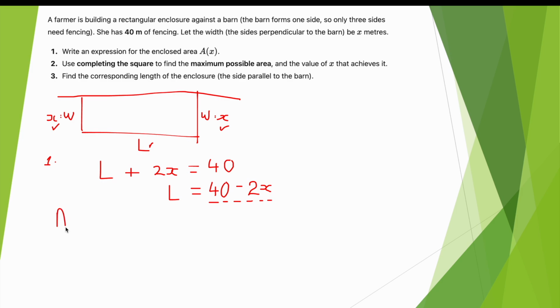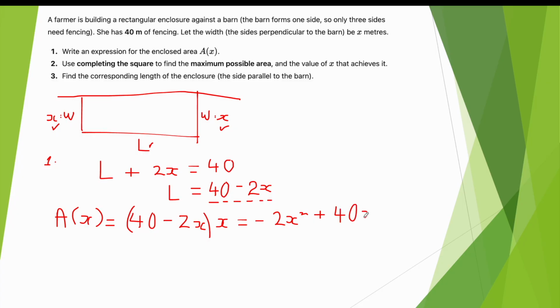So the area of this particular enclosure, or A of x, is going to be the length, which is 40 minus 2x, all multiplied by x, because the area is always the length times the width. And then if we were to expand this, we would get minus 2x squared plus 40x.